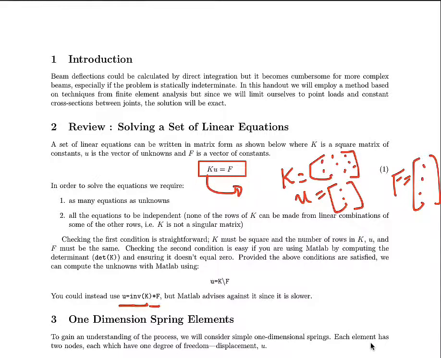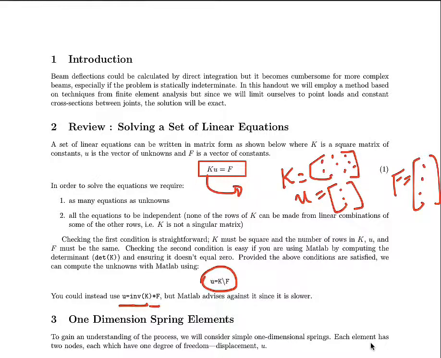However, when the vectors U and F are very large, then this method is very slow. So MATLAB uses a different technique by Gaussian elimination, and the solution is obtained by a simple command.